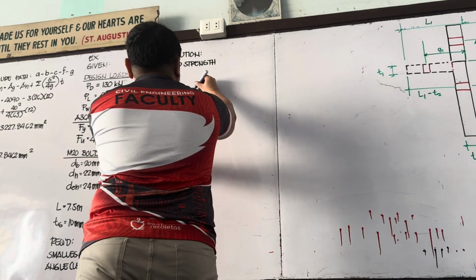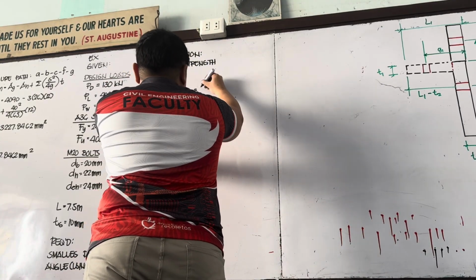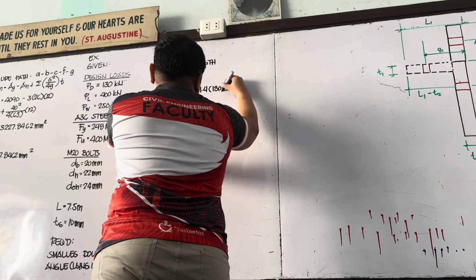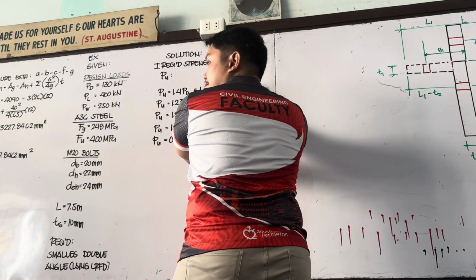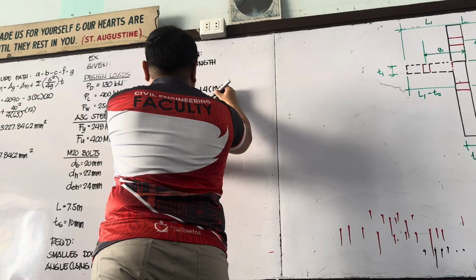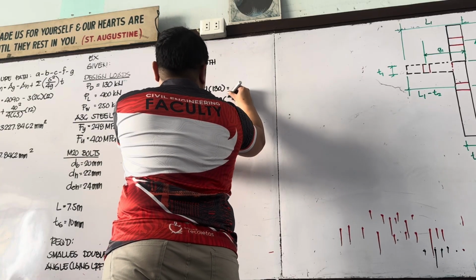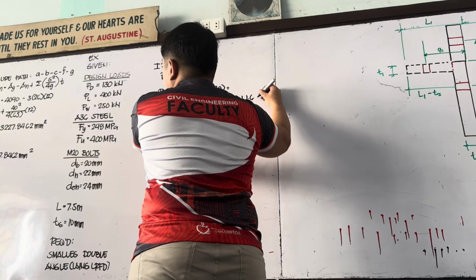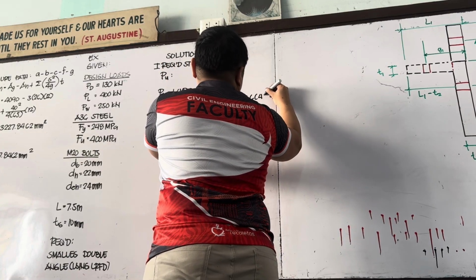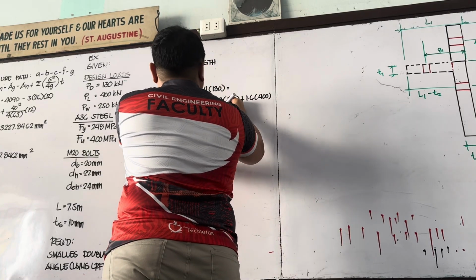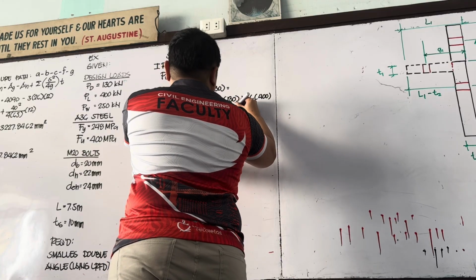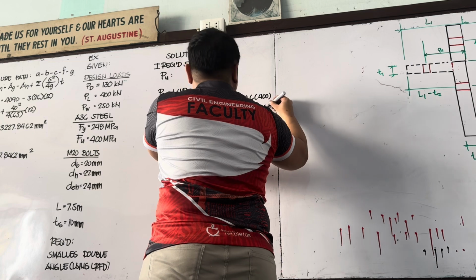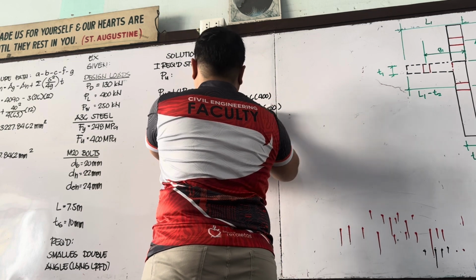So for our first load combination, 1.4 P dead is 1.4 times 130. Then 1.2 times 130 plus 1.6 P live, 400. Then 1.2 times 130 plus 0.5 times 250.